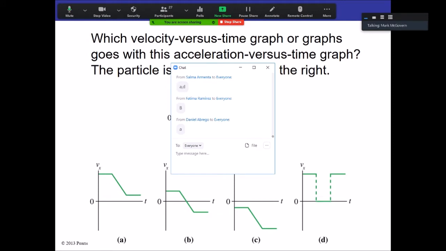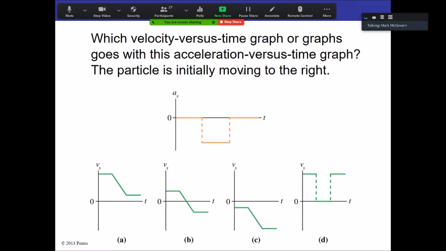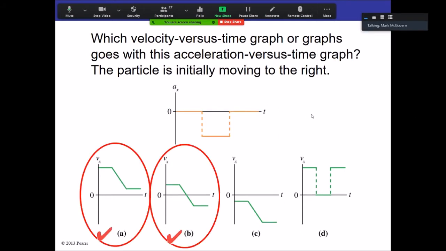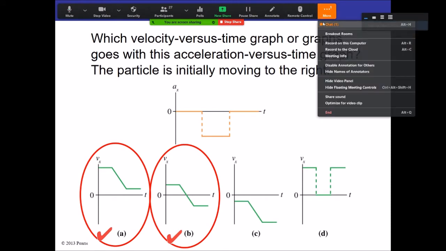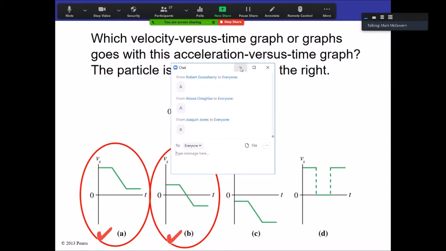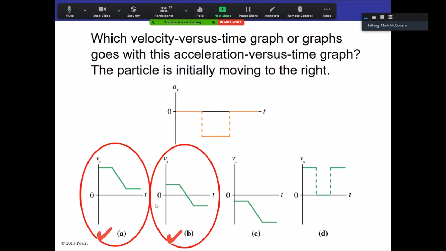A lot of A's and B's rolling in here, and I'm pleased by that. So this is a harder question for sure, and the answer is A and B both could be right. They both could be right. We don't have enough information to distinguish between A and B, though. So what are we told? The particles initially move to the right. Okay, so we have to have an initial velocity that's positive.